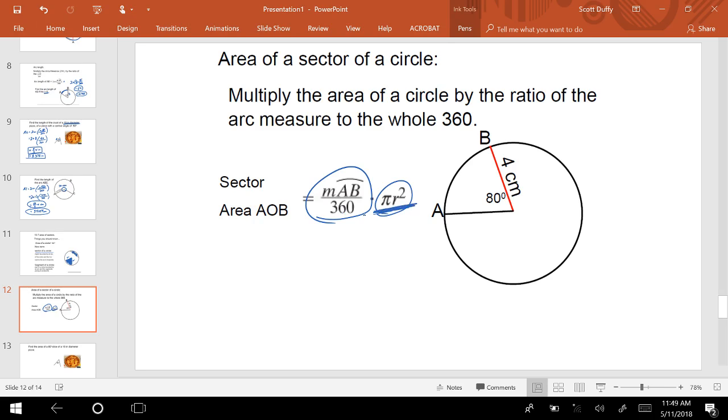In this case, we have the measure of AB would be 80 over 360 multiplied by pi times the radius squared. Our radius is 4, squaring that. Just like I did before, I'm going to take 80 divided by 360 and then multiply it by 4 squared. I'm not going to multiply by pi yet.